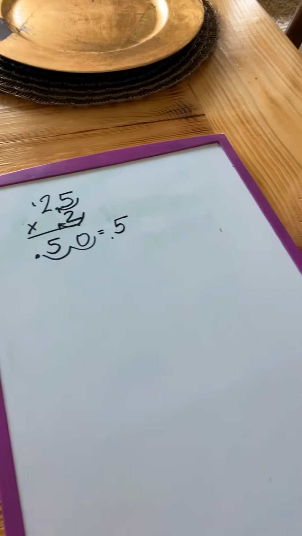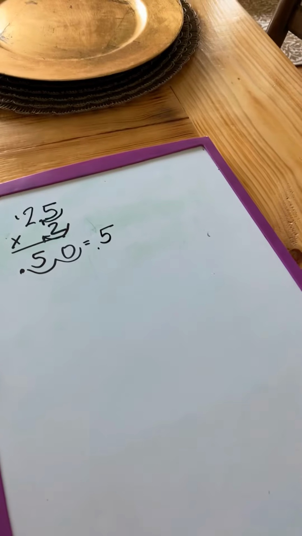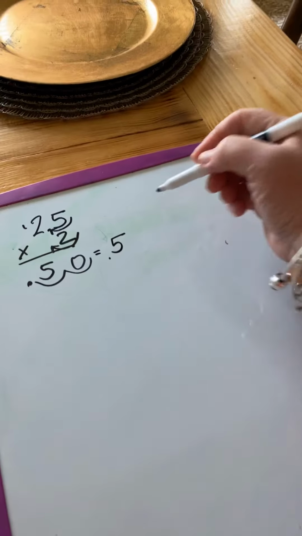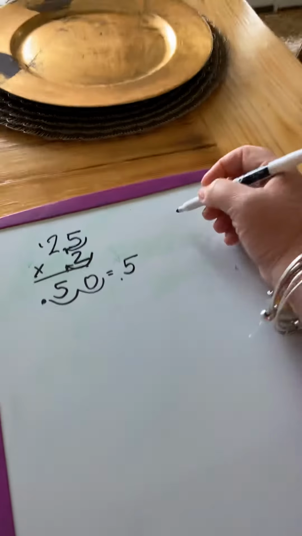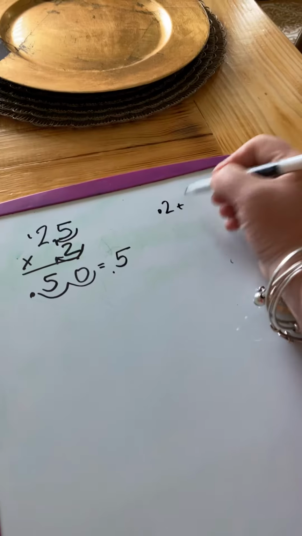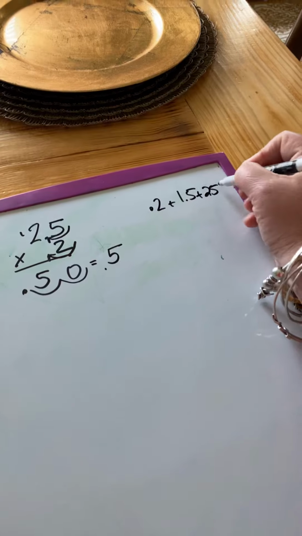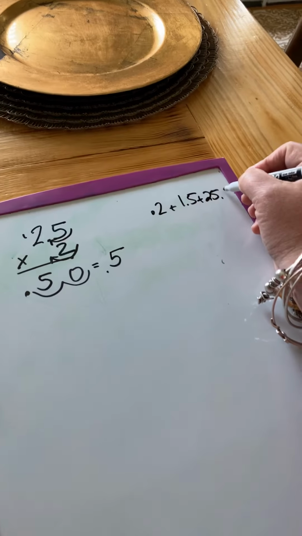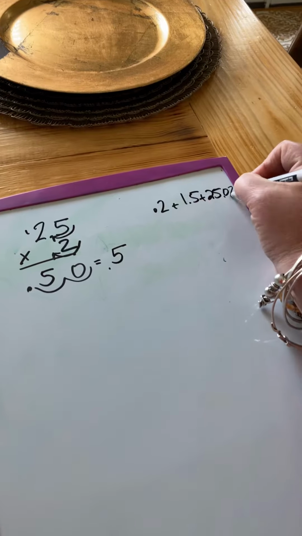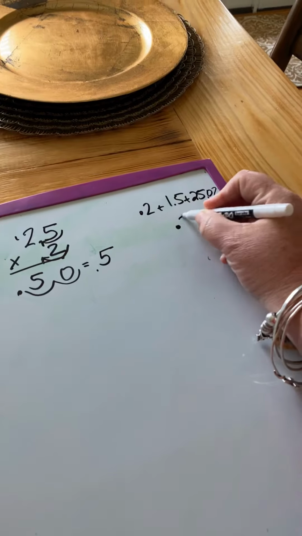Then the other thing, there's a subtraction of decimals. Remember, when you add and subtract decimals, you line them up. So if I had 2/10 plus 1 5/10 plus 25 and 2 hundredths, I would line up my decimals.